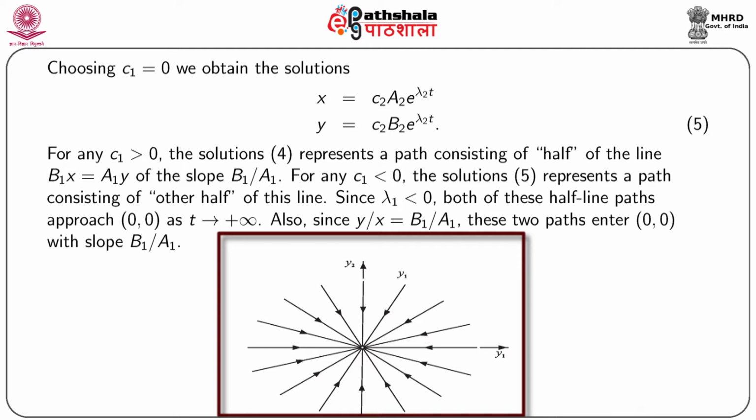So, considering both c1 greater than 0 and c1 less than 0, we will get this full straight line. Since the straight line is of the form y = mx, where the slope m is b1/a1, it represents a straight line passing through the origin, and hence these two half-lines enter the origin with slope b1/a1.